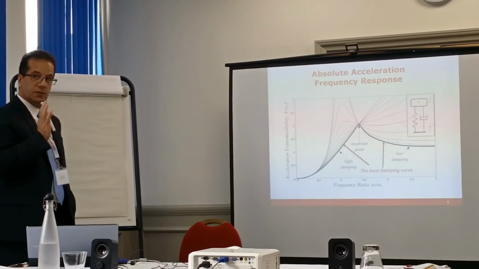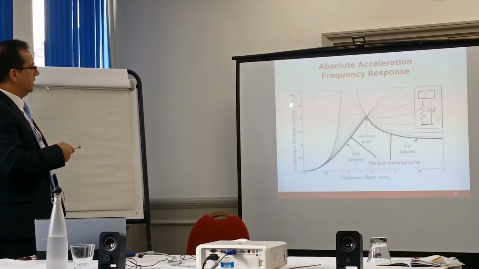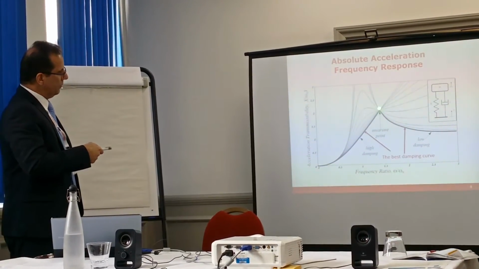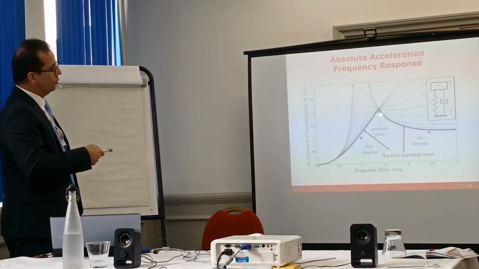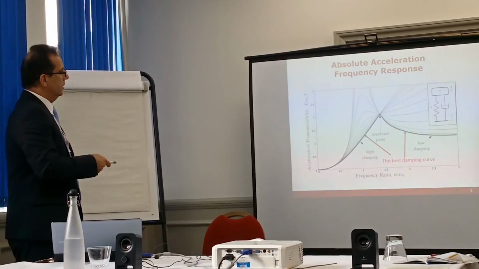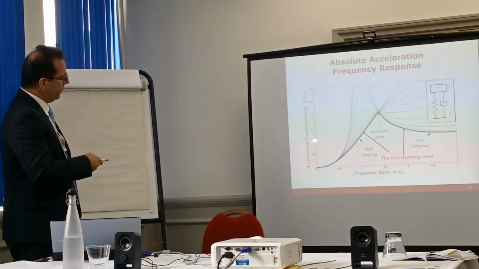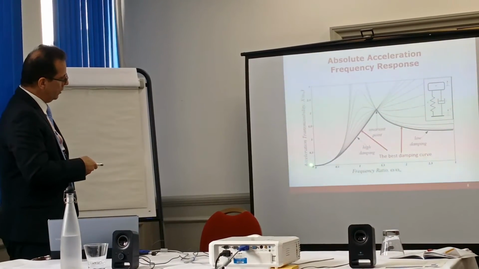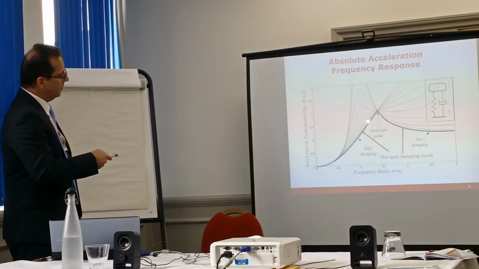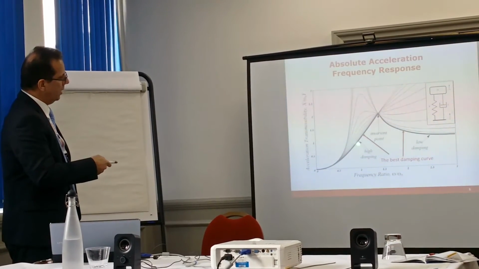Take a look at the frequency response. Here you see the acceleration response of this mass. If we assume that from here, which is the node, to the left is low frequency, and after that is high frequency excitation, at low frequency, as you can see, we need a very high damping. This line is high damping.